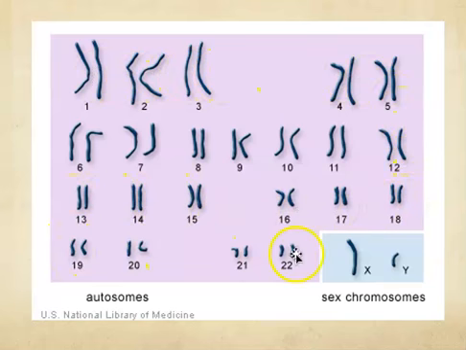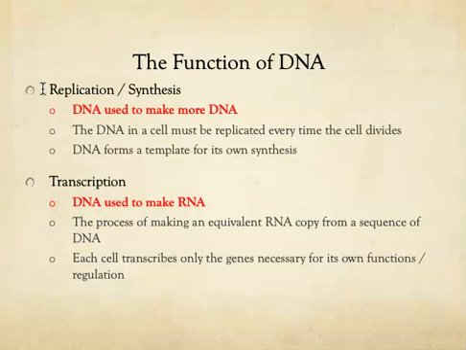In DNA replication, the DNA molecule is replicated or copied along its entire length. Whenever a cell prepares to divide, it has to undergo DNA replication because each of the new daughter cells is going to need her own complete DNA molecule.